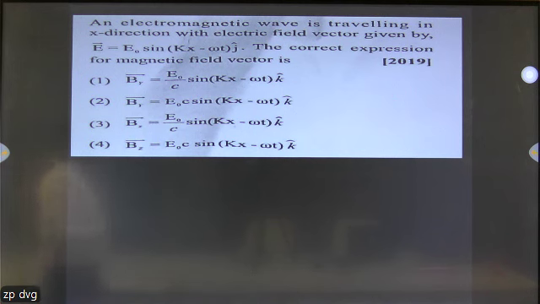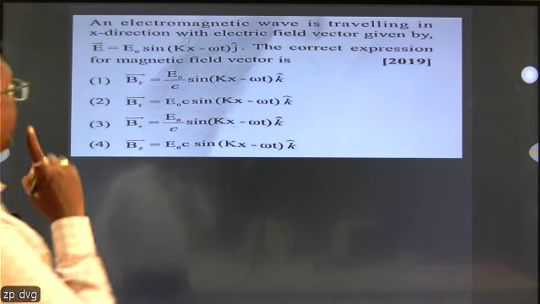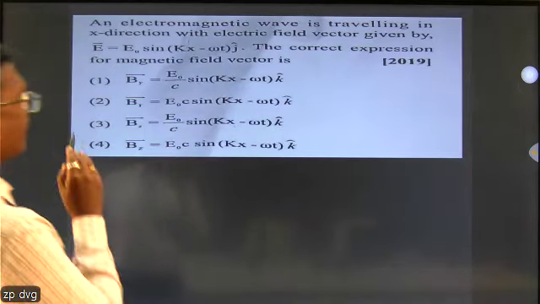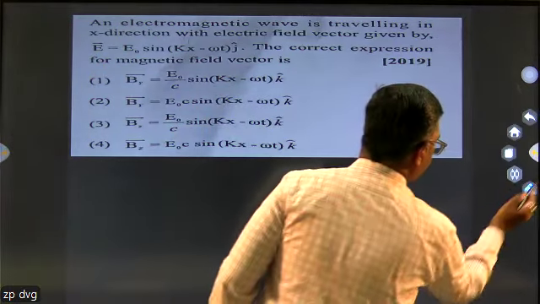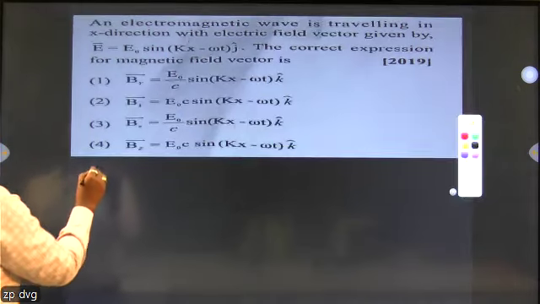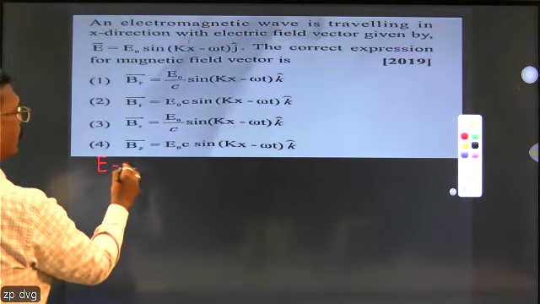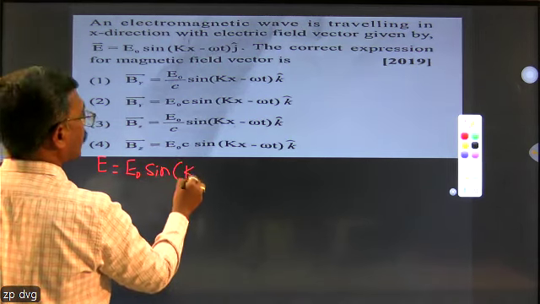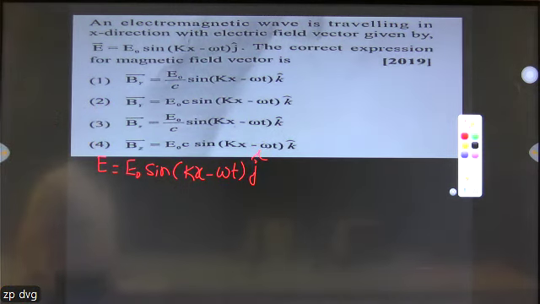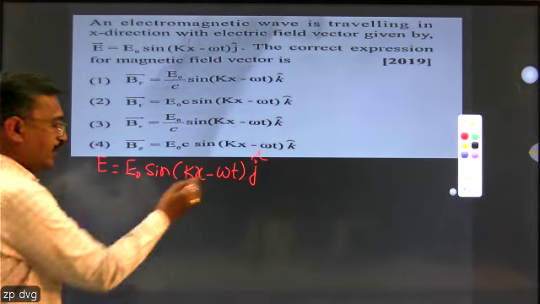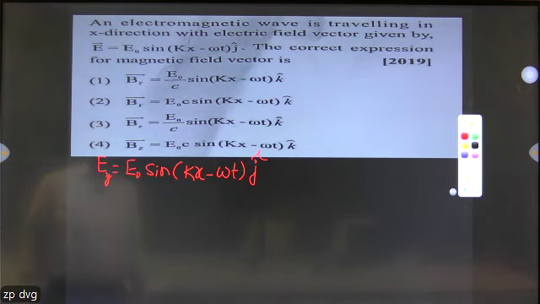The electric field vector is E is equal to E naught sin kx minus omega t into j cap. Since it is j cap, it is along the y direction.